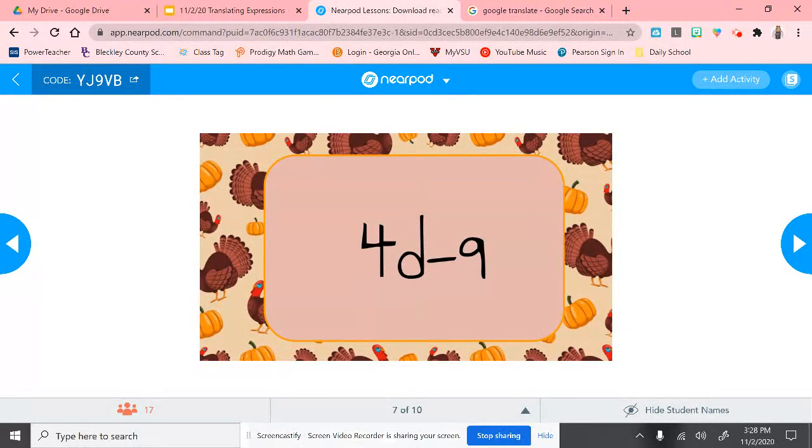And what's the whole thing called? Expression. This whole thing is an expression. So make sure you have that labeled so that you can refer back to it, because that's important. And this is going to be a great study tool for your test next Tuesday as well. You can use this to study with. Okay?